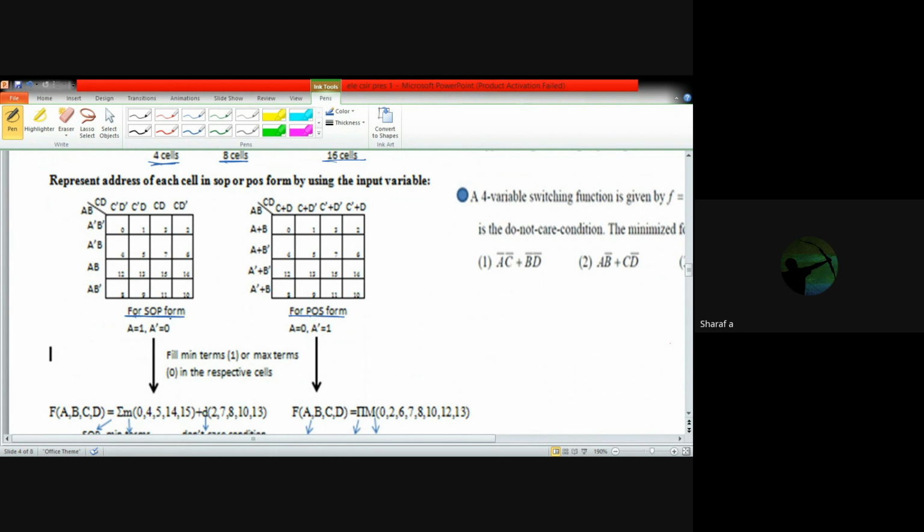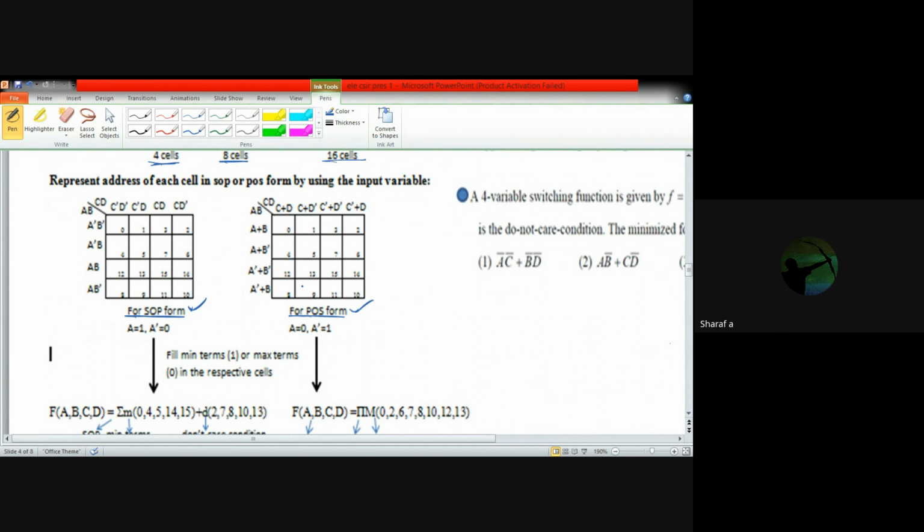Sum of product means you will have different product terms, and you are adding each of these product terms. Most of the time, this kind of form will be asked. Sometimes they can ask POS, but it is a very rare case. In the case of product of sum, we will have different sum terms, and you take the product between them, or dot, and you have taken the product of each term.